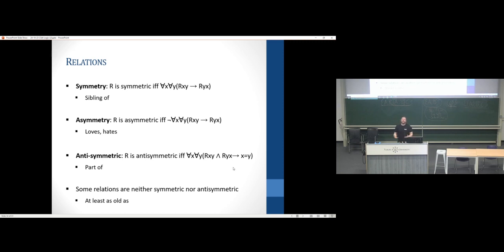And that's because in mereology, kind of the logical approach to parthood, everything is a part of itself. It's the fullest part of itself, the biggest part. But you never have two distinct things that are both parts of each other. Arguably and interestingly, as we've defined it, between symmetric and antisymmetric, some relations are going to be neither. At least as old as is neither symmetric nor antisymmetric.